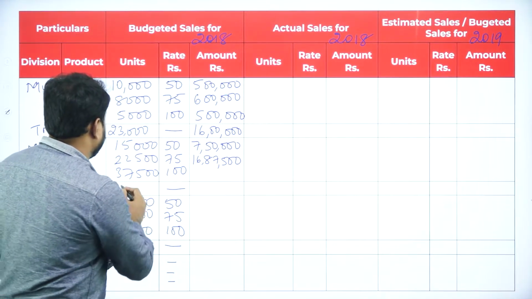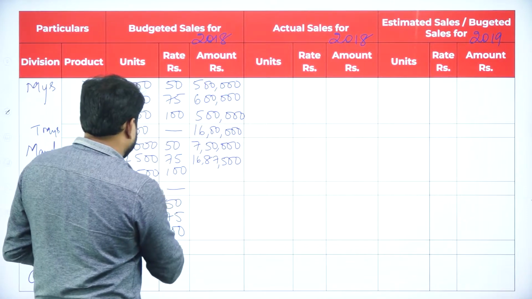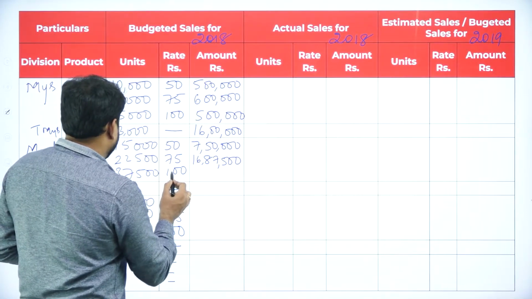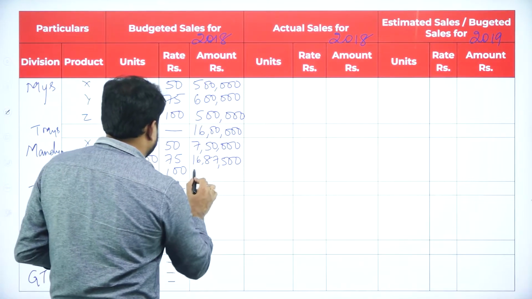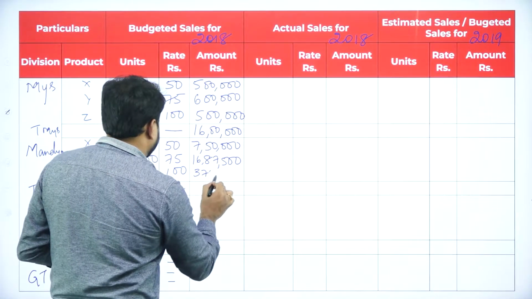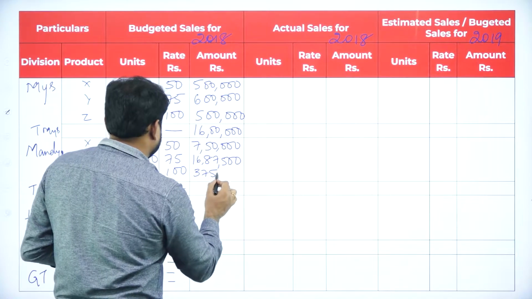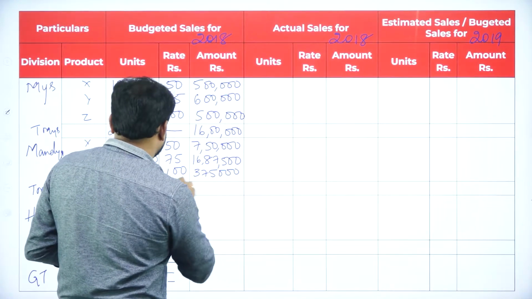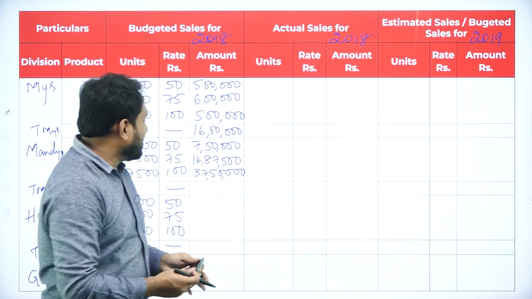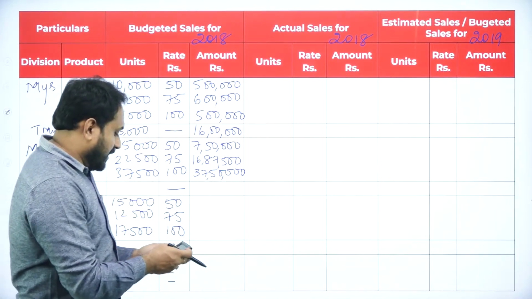And the last one here we have, we get 37 lakh 50,000. 37 lakh 50,000 is the last entry.